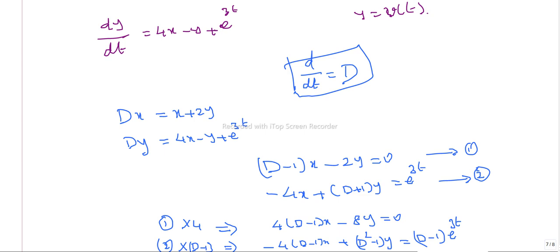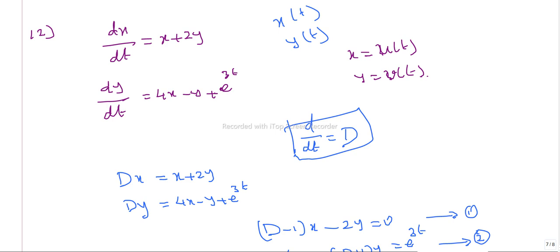If you eliminate x, you will get y, so you solve the differential equation in y. After you find y, you can take the first or the second equation, substitute the values in it and find x. There you get a differential equation in terms of x. So this is the method to solve a system of equations.